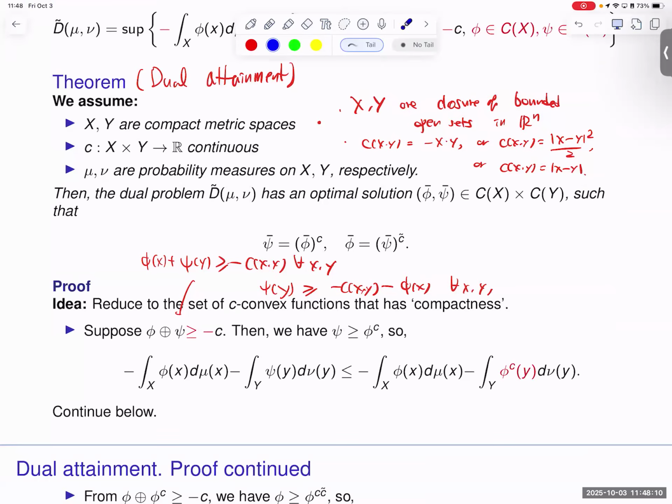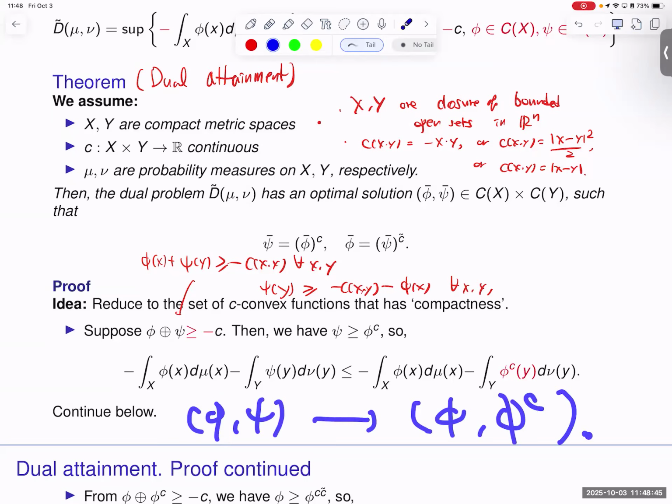Then if you look at this objective function, because this one is bigger than this, minus of it is less than minus of the other. So you can replace this negative of psi in this direction of inequality with the negative of the C-transform of phi. So you can reduce this pair phi, psi into the pair phi, C-transform of phi.